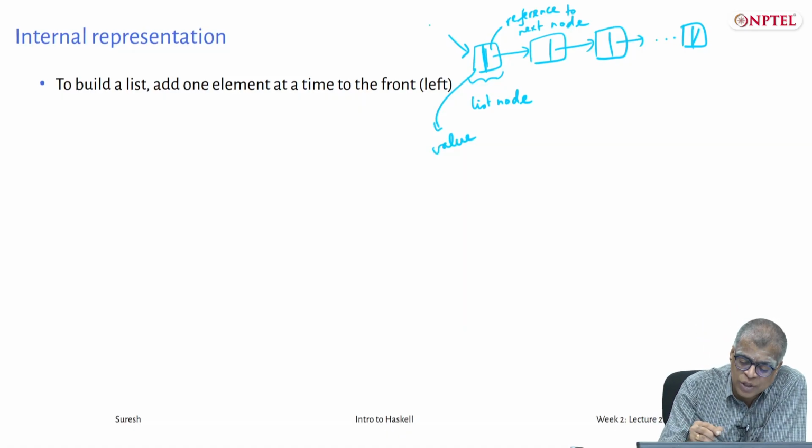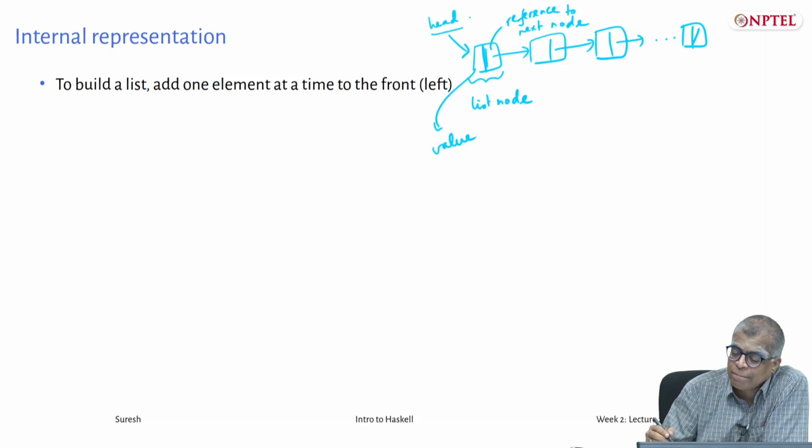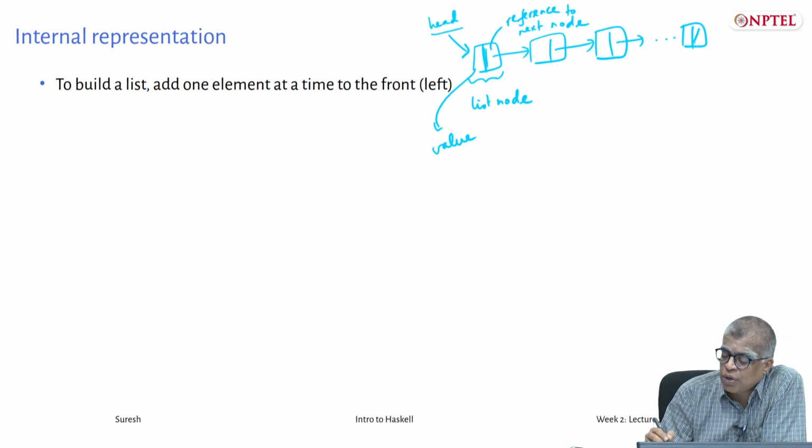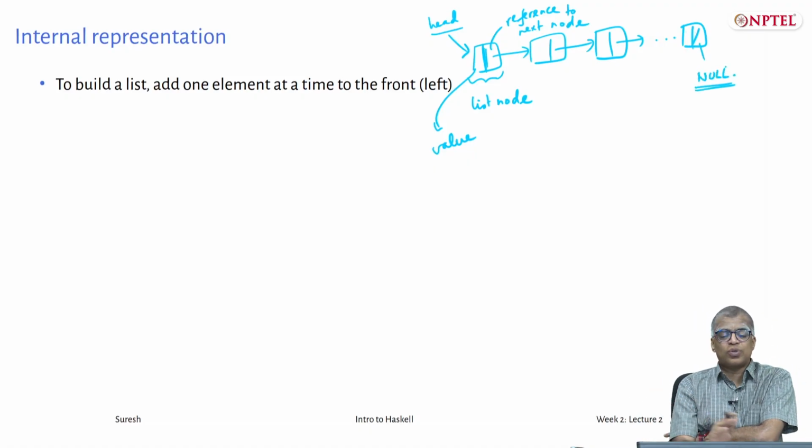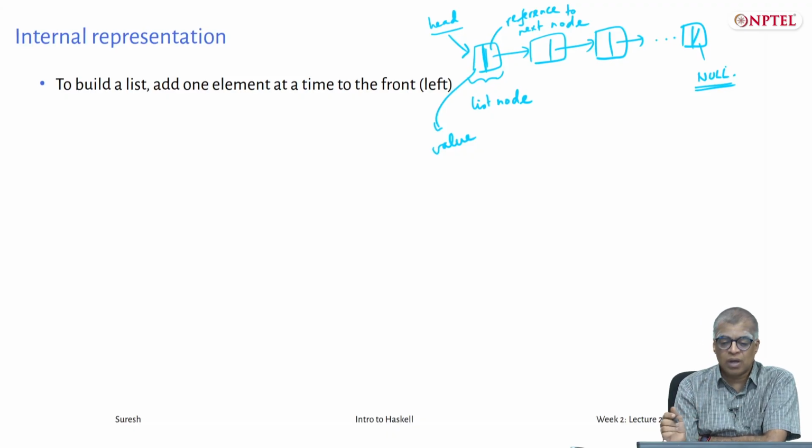You will have a reference to the initial node, which you will typically call head, and your last node will have the null reference, which means that there is no next node. So this is the standard representation of lists that you have in other languages.